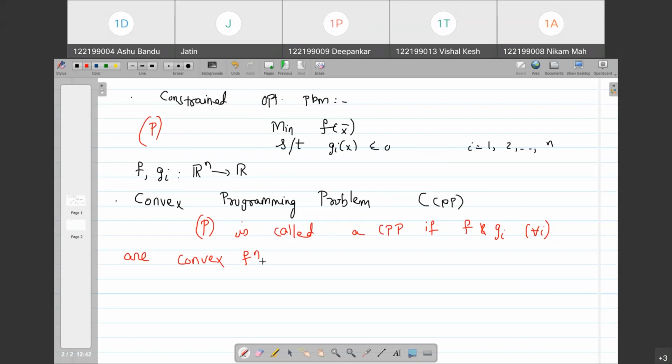So that's why it's good to play with them. I think that's easy, one can easily prove. So what is my feasible set? The feasible set will be x bar belonging to Rn such that gi of x bar is less than or equal to 0. This is my constraint set.